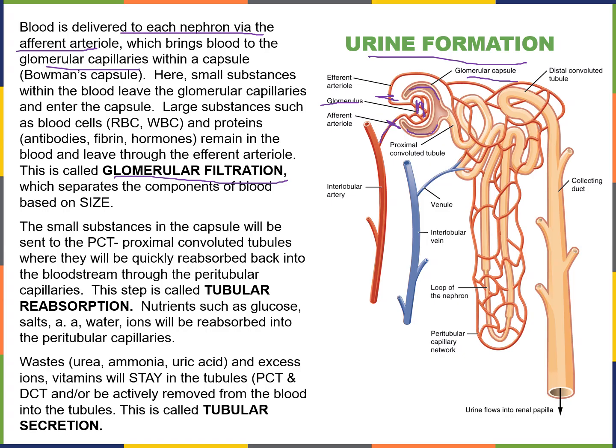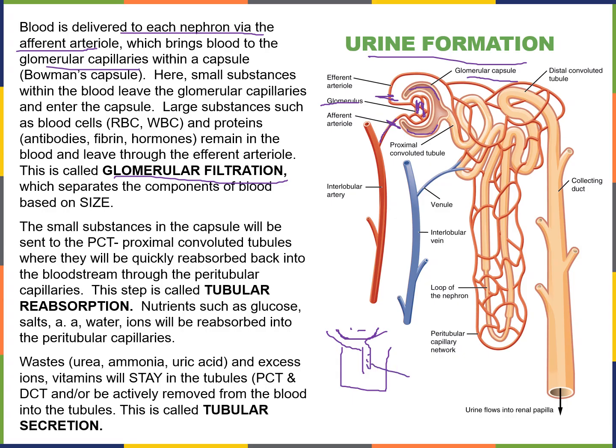It's called filtration because it's going to be like when you filter something in a lab. If you had a substance to filter, you would get a funnel. You will put a bit of filter paper in it, and you will put your substance in there. And the large particles will remain behind on the filter paper, and the small drops of fluid will come through.